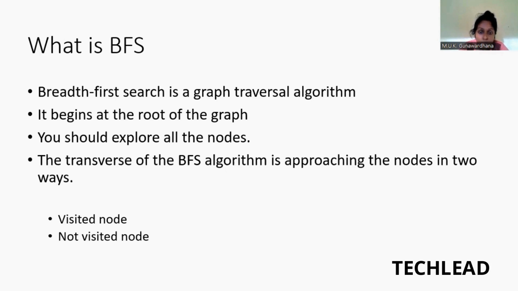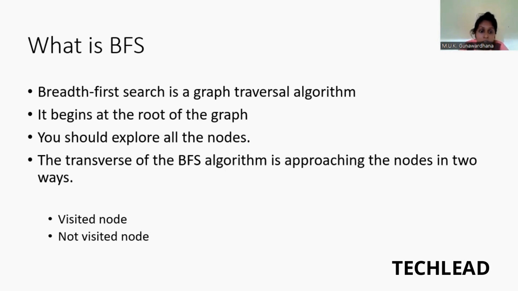After completing the second level, we move to the third level. Likewise, we must complete all the levels, and we access these levels horizontally. Firstly, we go through one level, access that level horizontally, and move to the second level. Likewise, we must access all the nodes in the graph to complete the algorithm.